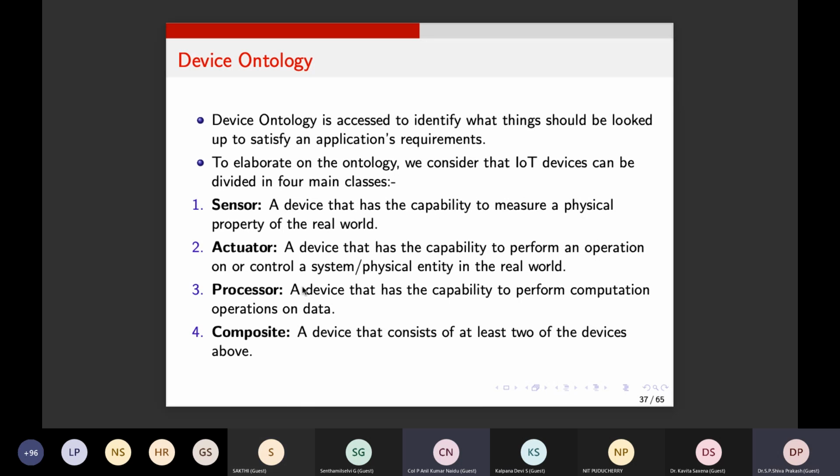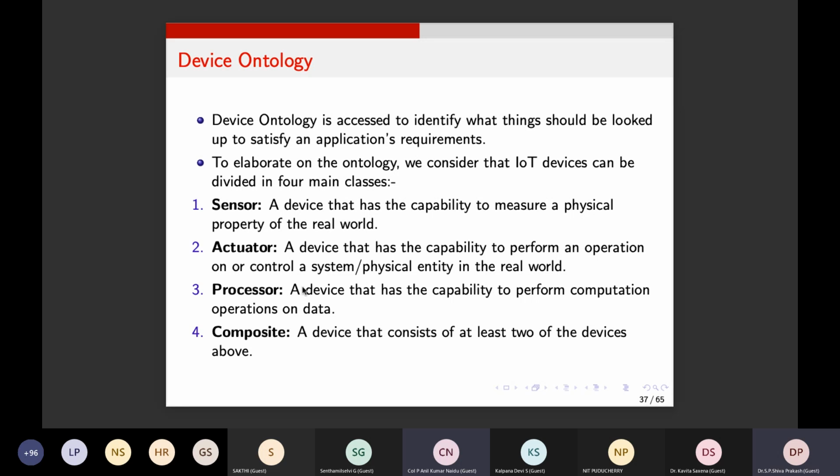The device ontology is accessed to identify what things should be looked up to satisfy an application requirement. To elaborate on the ontology, we consider that IoT devices can be divided into four different classes: sensors, actuators, processors, and composites. Basically, a sensor is a device that has the capability to measure a physical property of the real world.